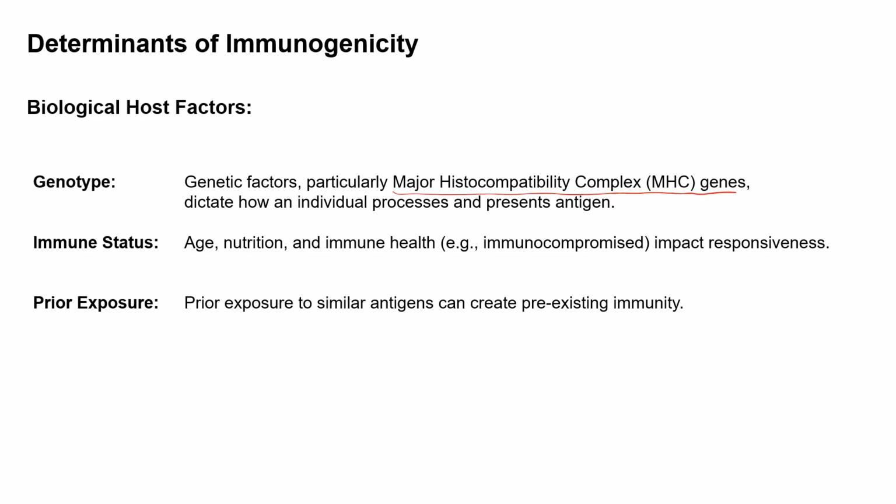Second is immune status. Now this is again very important, because of age, for example. We always say that the young ones and the elders are kind of not showing the immunity in a proper sense. Why?